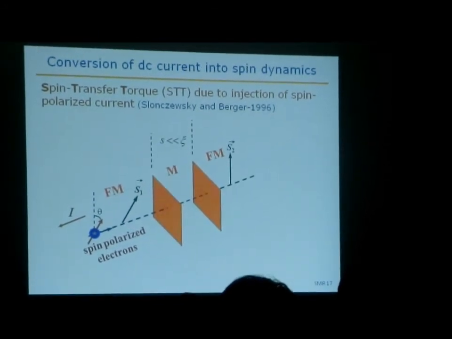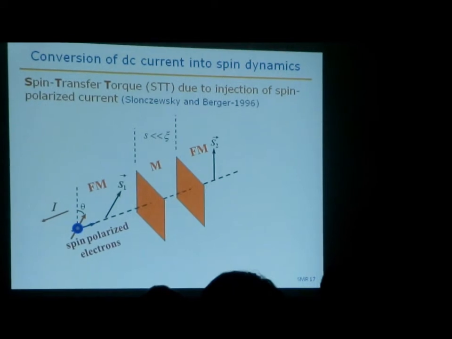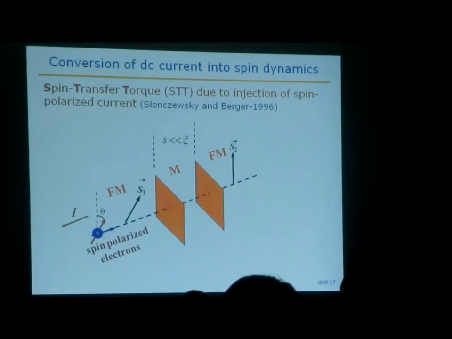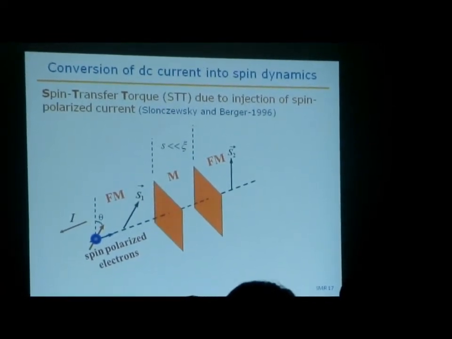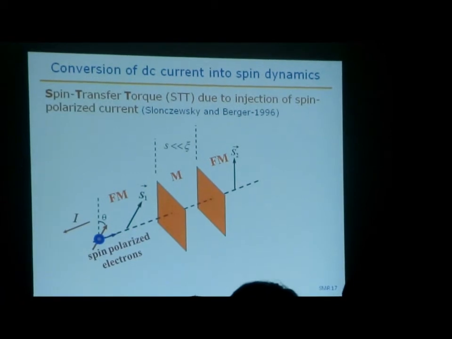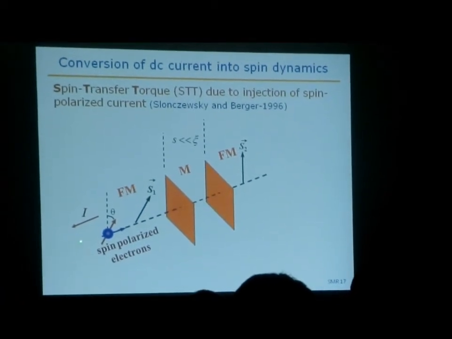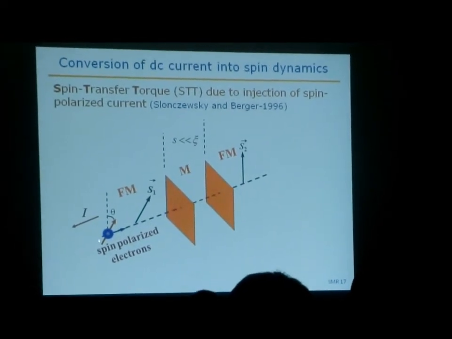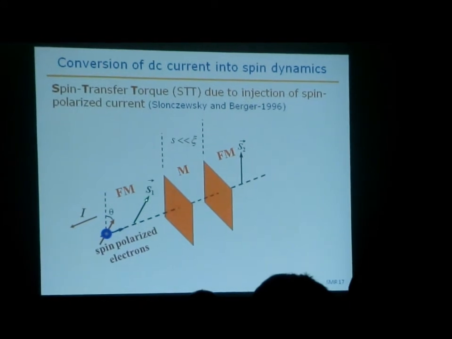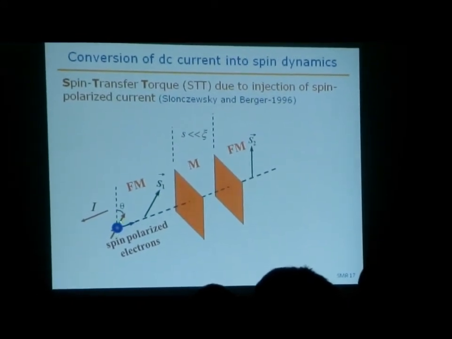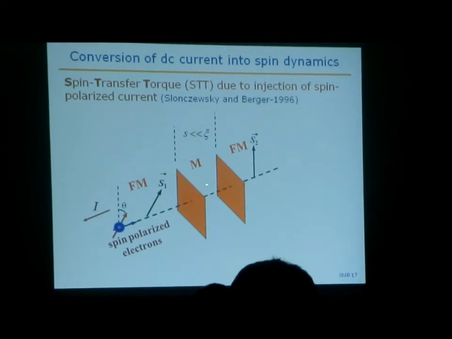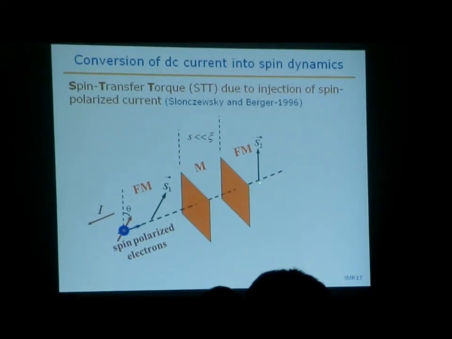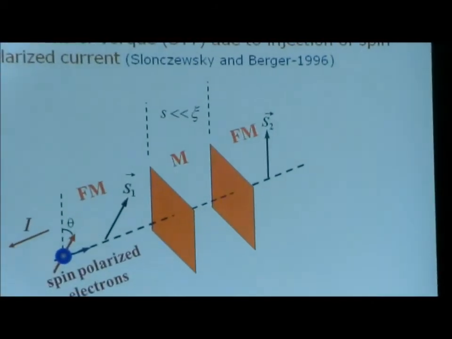In 1996, Slonczewski and Berger made a theoretical prediction. It took a few years until that prediction was verified experimentally. They said the following: if you have a spin polarized current, electrons going in this direction, we are assuming that this is a ferromagnetic layer. The magnetization is in this direction, and it polarizes the electrons in the same direction. This is a normal metal, and that's another ferromagnetic layer, which is magnetized in the vertical direction.